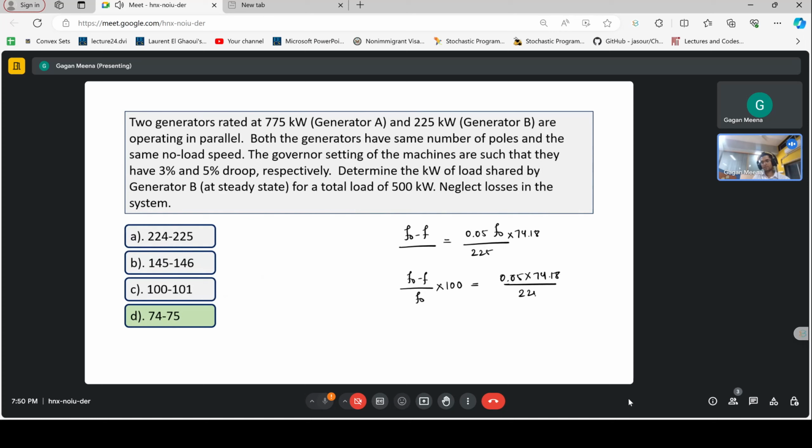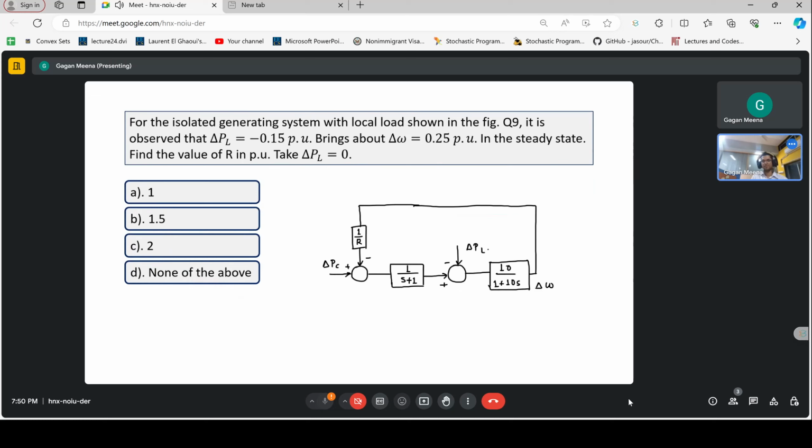In steady state, find the value of R in per unit. Take delta PC as 0. So this is simple.